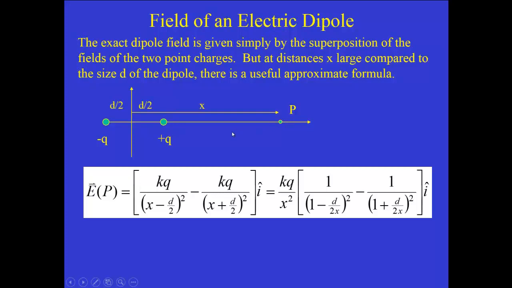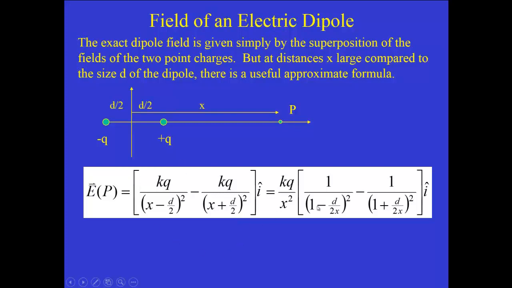The positive charge will exert a field given by the first term in the positive x direction. The negative charge will produce a field that is in the negative x direction, and it's going to be slightly smaller because the distance x plus d over 2 is a little bit larger. So those two terms should be clear.